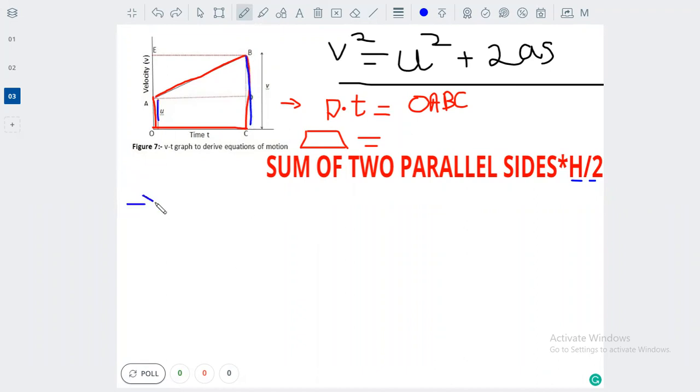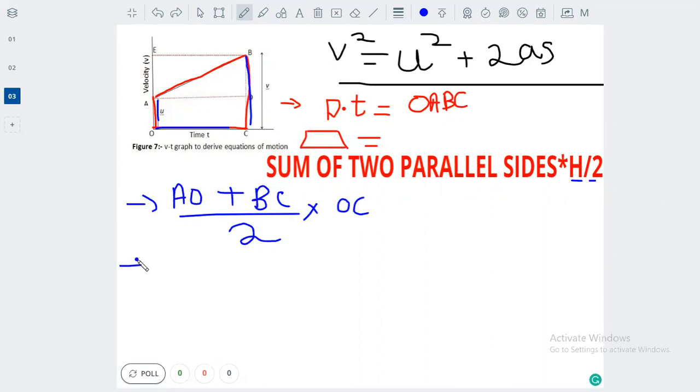So let me do it over here. AO plus BC by 2. How much is the height here? Height is time. So here in this case, you have to also remember in the third equation, in this velocity time graph, you need to take time as height. So what is the height now? OC. I did not say this, I just forgot.